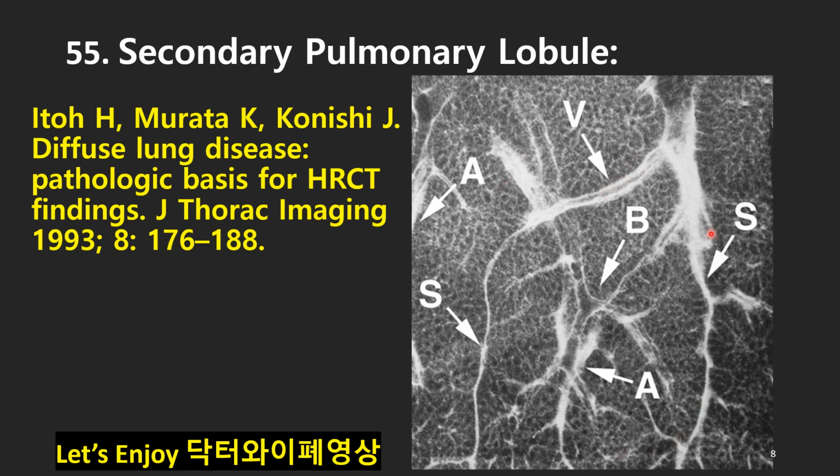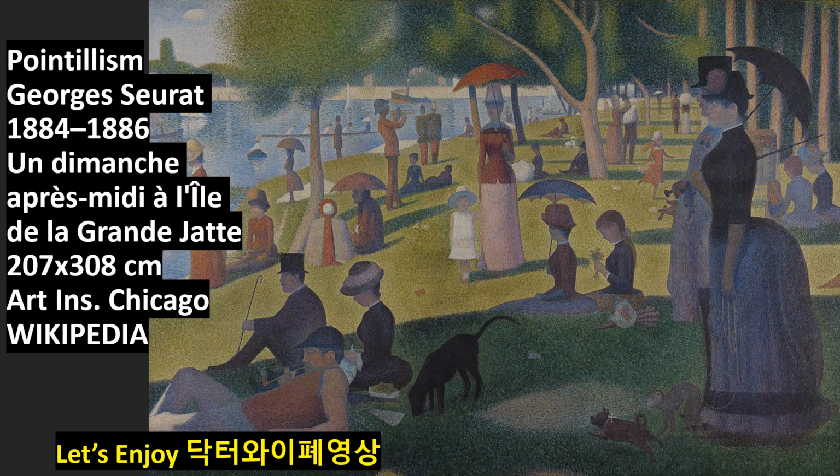everywhere in this picture. May I introduce to you a wonderful painting of 1884 by the painter Georges Seurat. The trend is pointillism. Points mean, for me, micronodules. Of course, points are much smaller than micronodules. This picture is named Sunday Afternoon on the Island of La Grande Jatte in Paris.